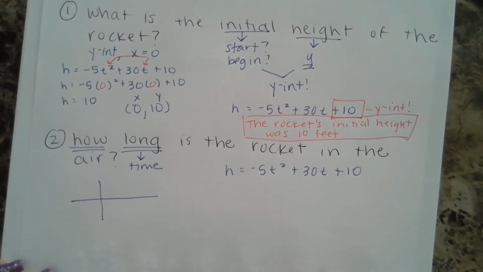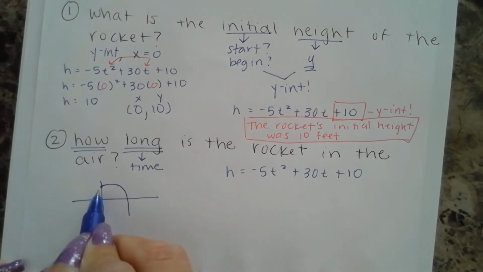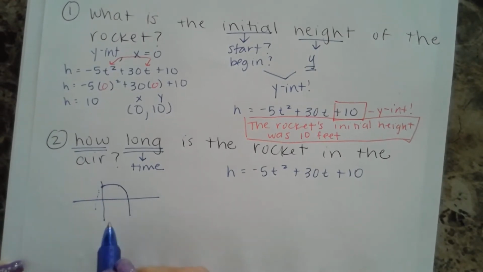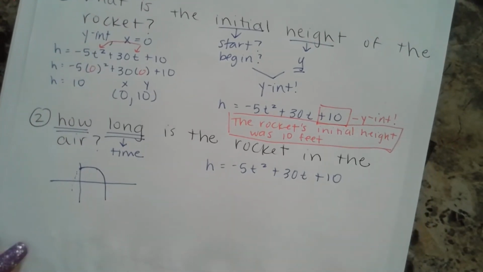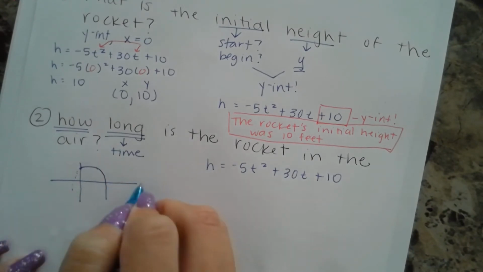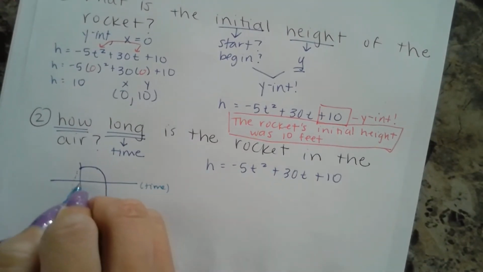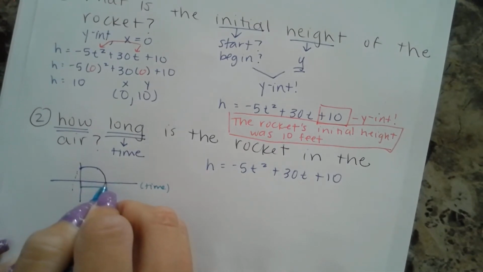If we're thinking about this on a graph, we know it probably looks something like this, because it's concave down, because it's got a negative as our a. We're essentially looking for how long, because this is time, from 0 to this point right here.